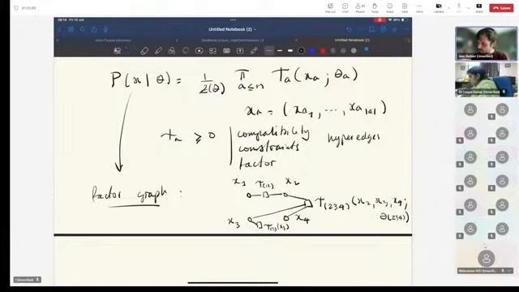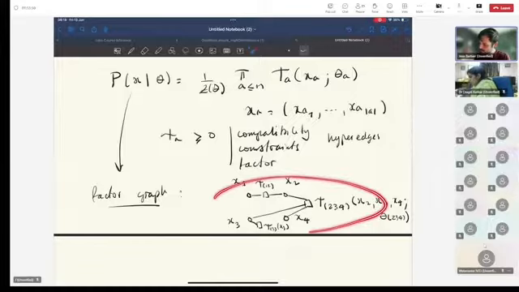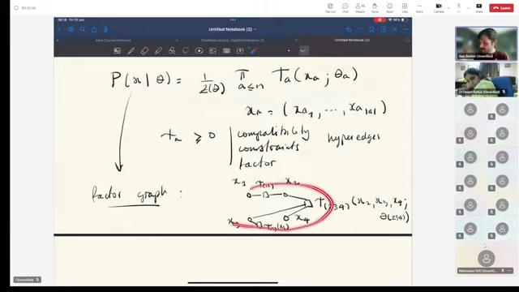Perfect. So you can think equivalently of this graphical representation or of this probability distribution. They encode the same information. If I give you this graph, you can write the associated distribution and vice versa. Once you have a graph like this, to write down the probability distribution, it's very simple.